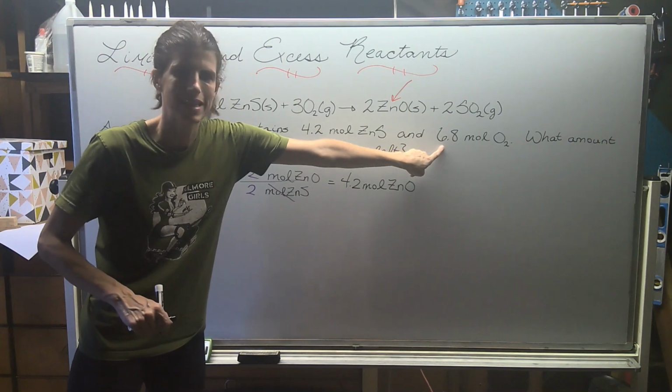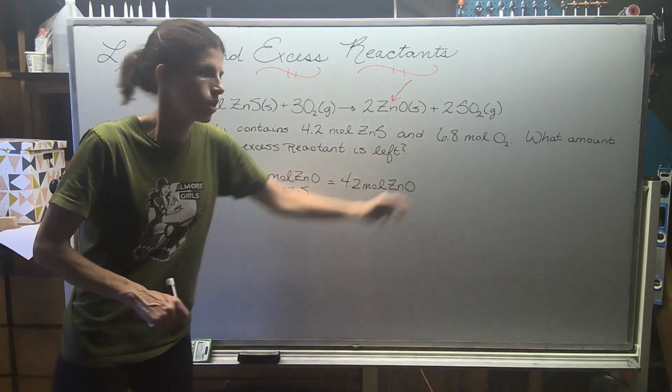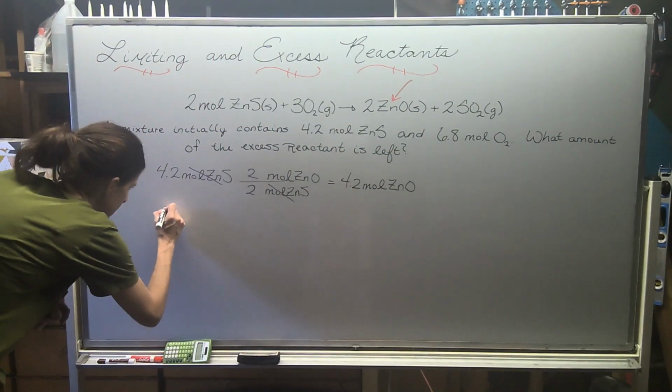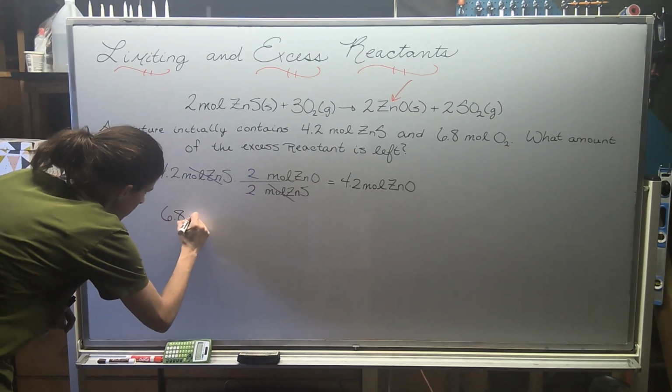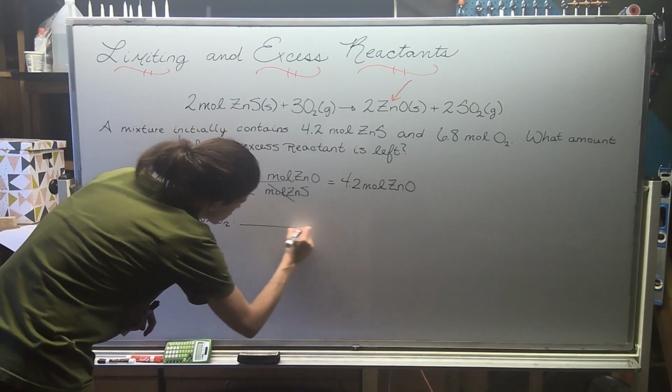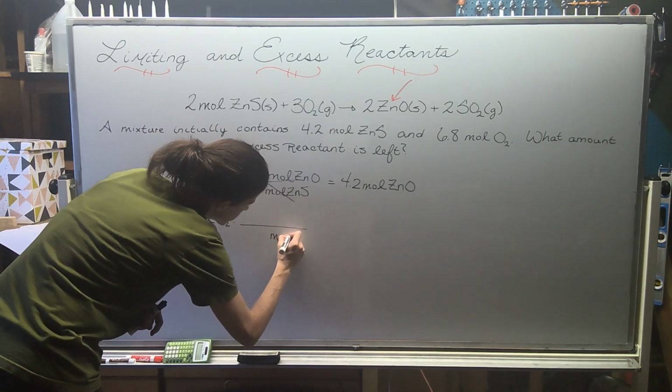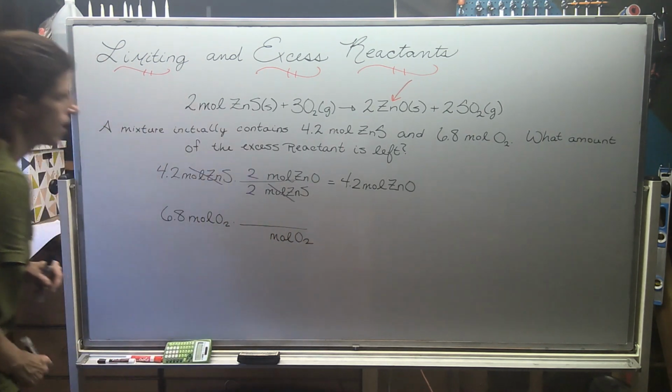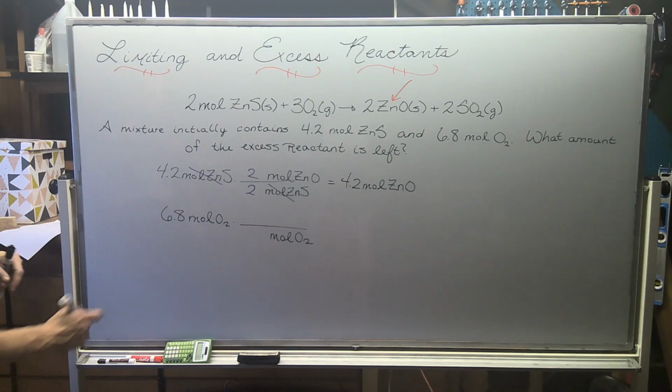Let's ignore the zinc sulfide information for a second here. We're going to repeat with 6.8 moles of oxygen. Let's get rid of the oxygen, and we're going to turn that into moles of zinc oxide.